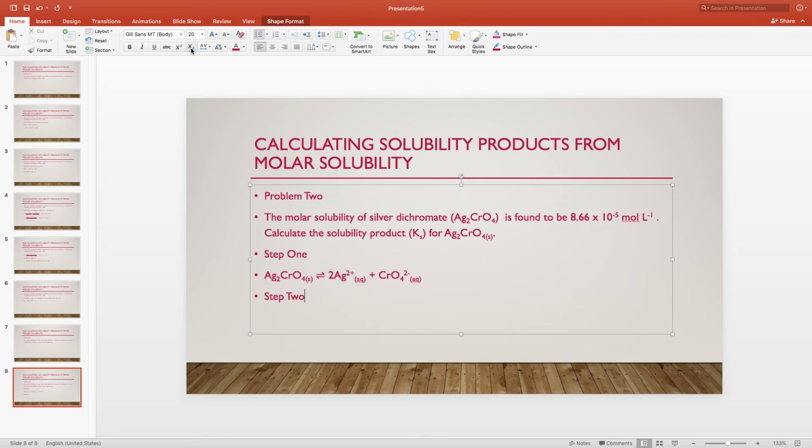So in this case, it's just going to be Ks equals the concentration of the silver ion squared. Remember again, because there's a coefficient of 2 there, you have to square that. And then it's going to be times the concentration of the dichromate ion.